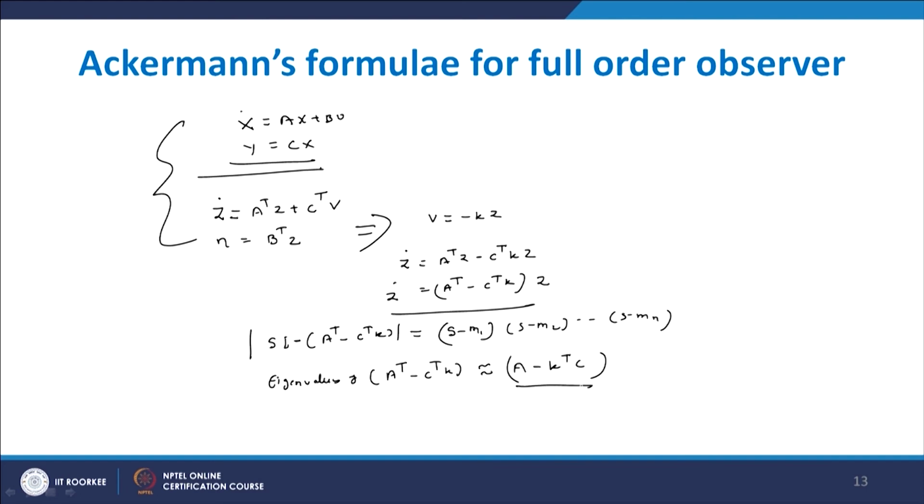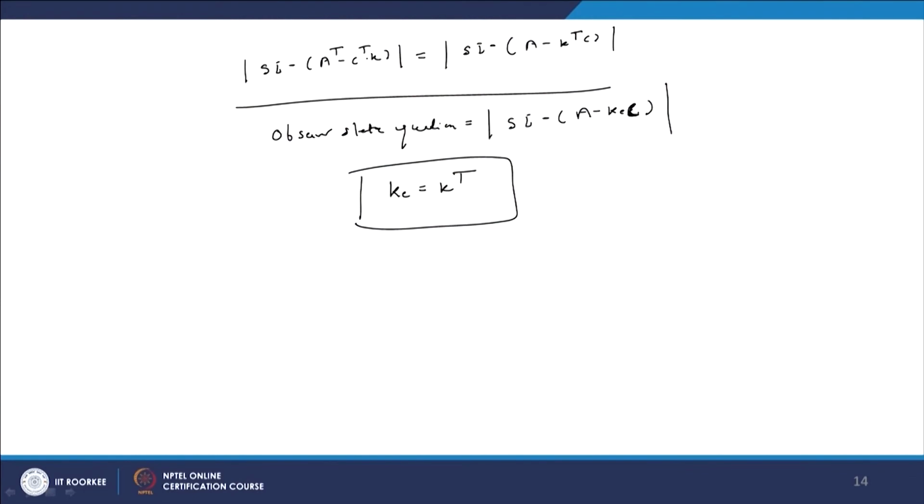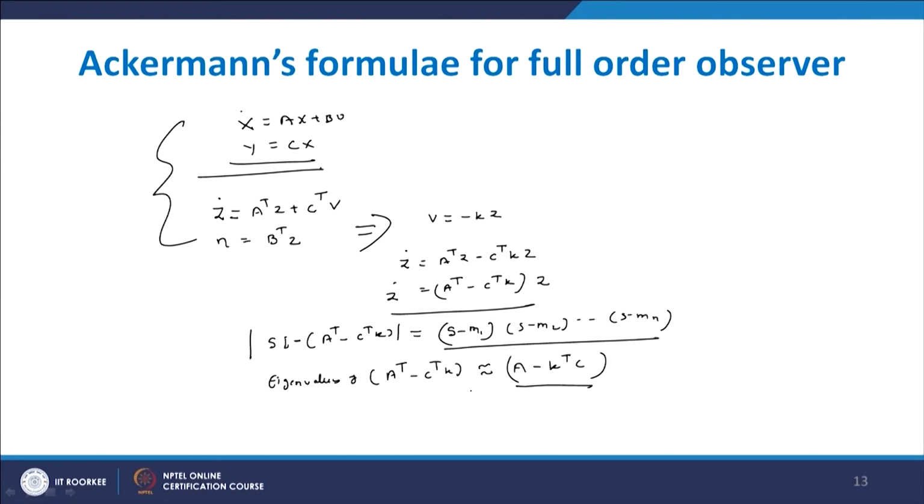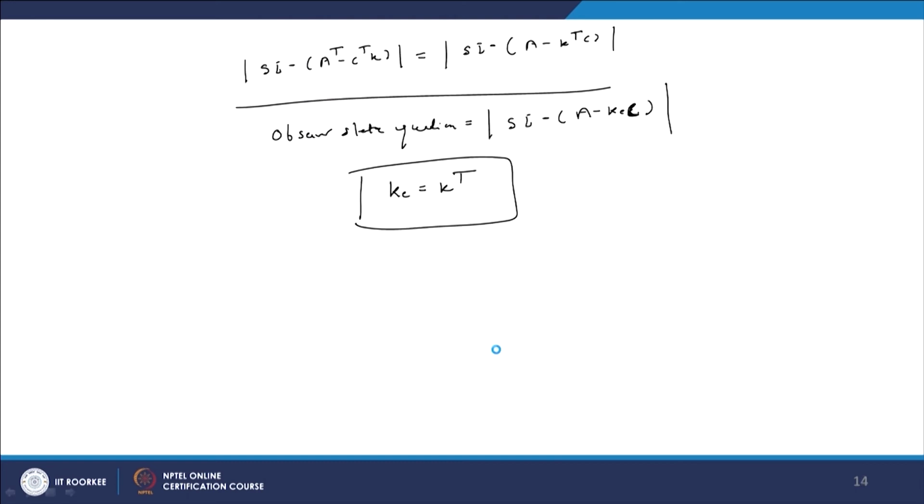Our main purpose is to get the value of K, and therefore we have decided the observer poles. These are poles which have to be placed on the left hand side of the s-plane to get the value of K. Thereafter, A transpose minus C transpose K can be written in terms of A minus K transpose C, and our actual observer equation is sI minus A minus Ke into C. If you compare these, we get Ke equal to K transpose.